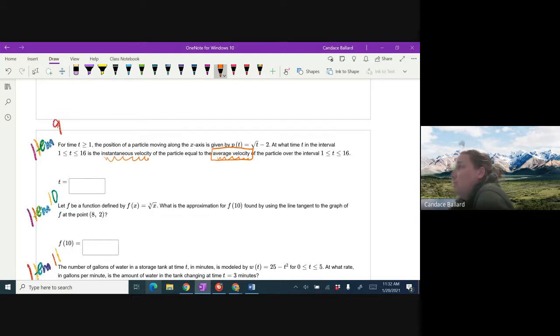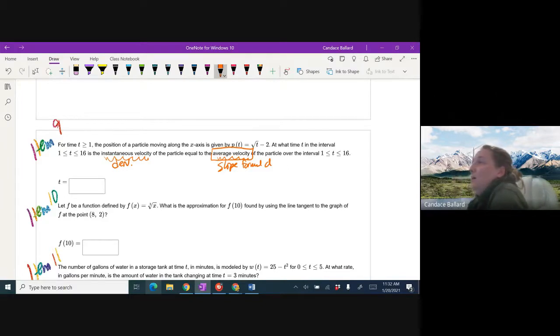And we've already done this once, actually. So when I see the word average with velocity, do I want to take the derivative with the function or do I want to use the slope formula? Ah, good job, Jocelyn. This is, in fact, the slope formula. Okay, this is take the derivative. So I'm going to have to do both.